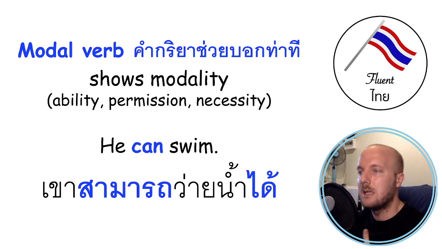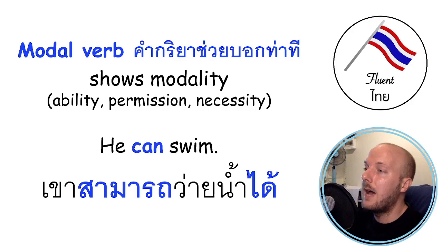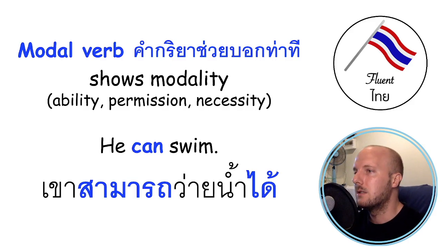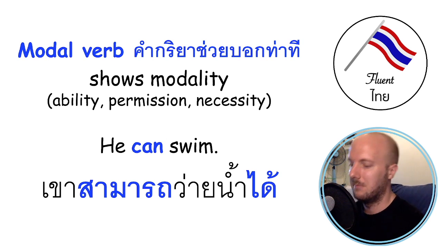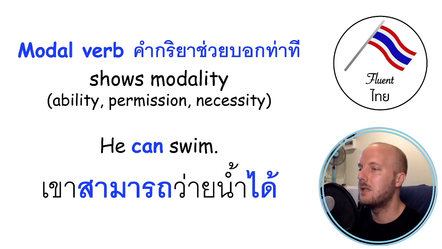You can say สามารถ by itself or ได้ by itself, but they're in different positions in the sentence. สามารถ would go before the verb, and ได้ would go after, at the end of the sentence. So for example, I could say เขาสามารถว่ายน้ำ or I could say เขาว่ายน้ำได้ or I could say เขาสามารถว่ายน้ำได้. So it's just one of those pairs you need to get used to.